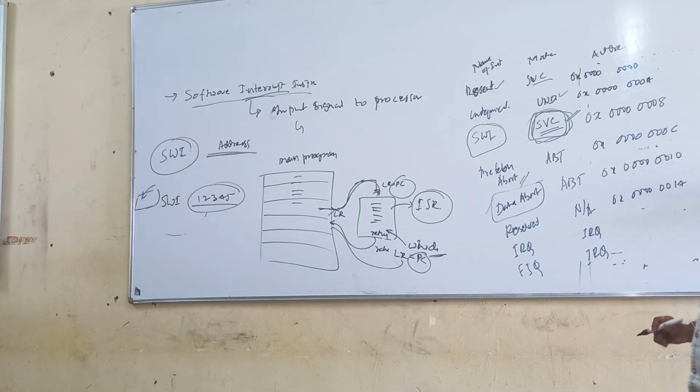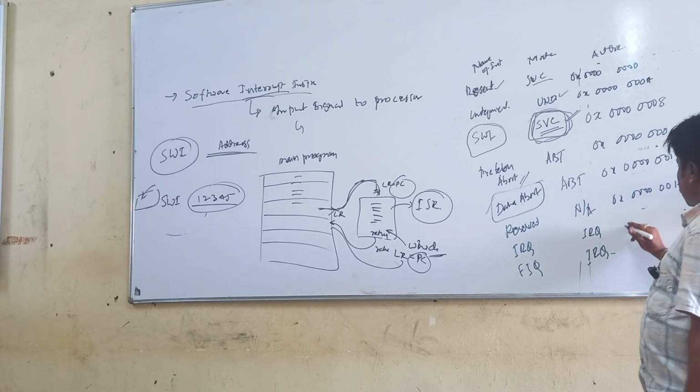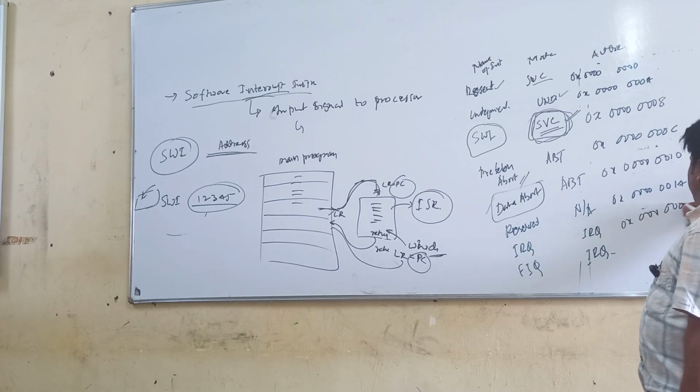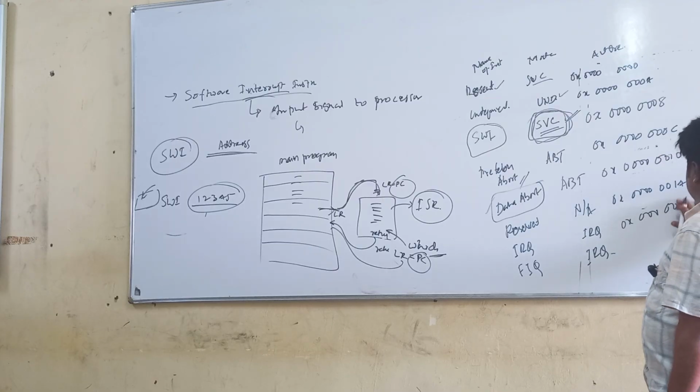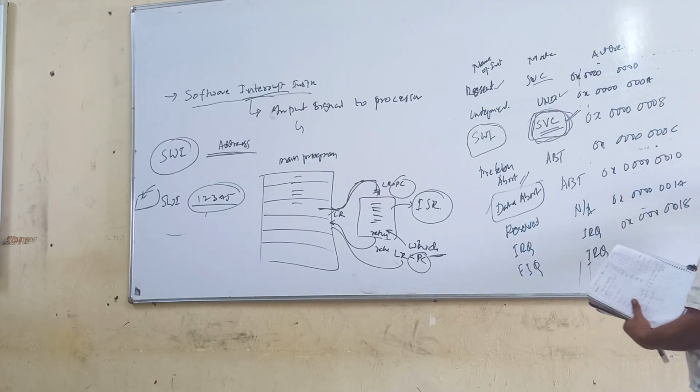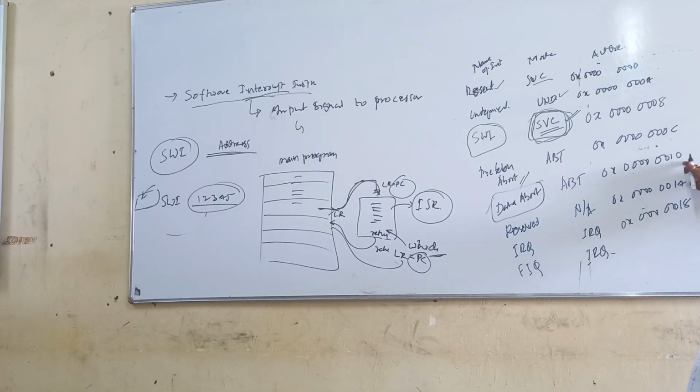The address for this is 0x00000018, from 14 it becomes 18. How does it become 18? 4 added to 14 gives 24 in decimal, which is 16 plus 8, so the answer is 18.